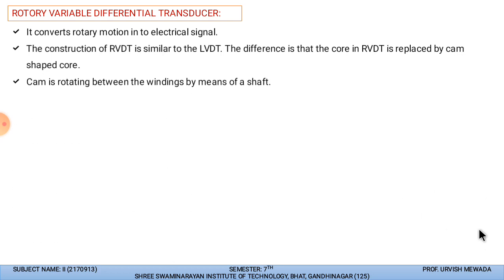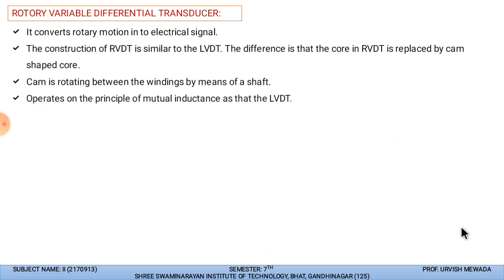If we rotate that handle with the help of any measurement quantity, then the core rotates, and as the core rotates, the EMF of the secondary winding will change. So we can have that EMF in terms of the rotary motion of the device. The cam is generally rotating between the windings by means of the shaft. With the help of the shaft, we connect the cam with the rotating device.